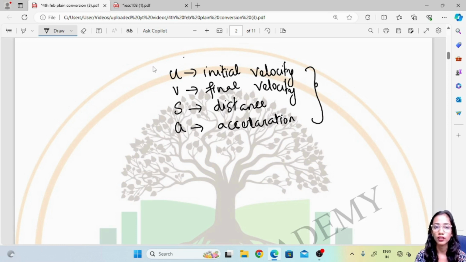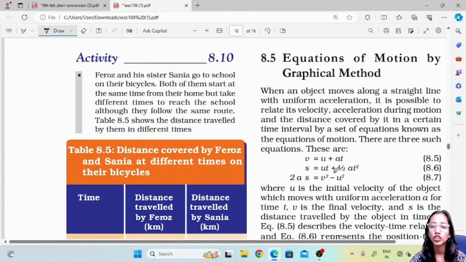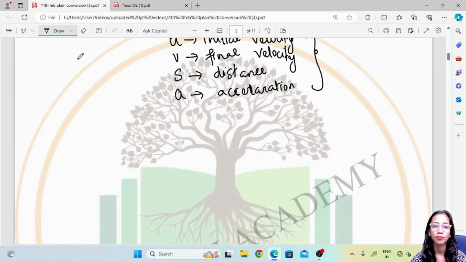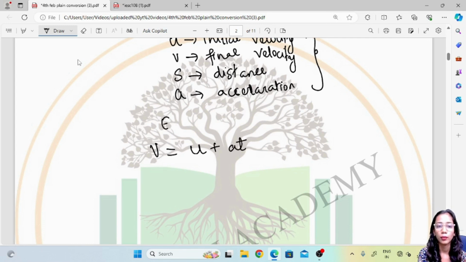All these four quantities we have already studied the definitions of, and now we will look at their formulas. So the first equation of motion is v equals u plus at.